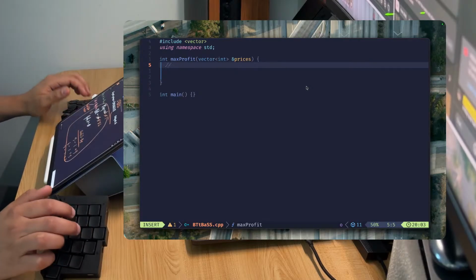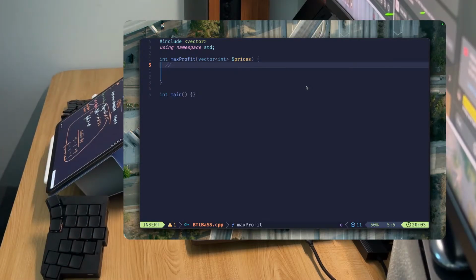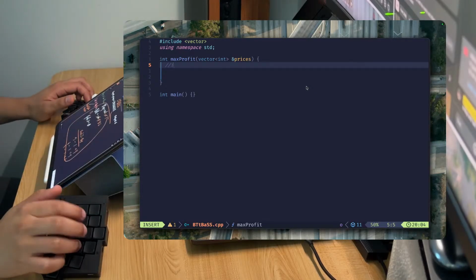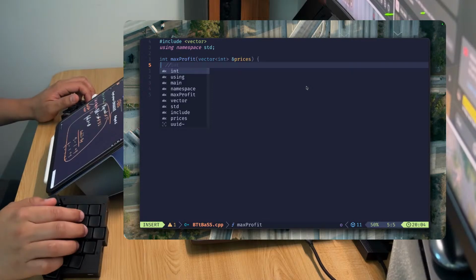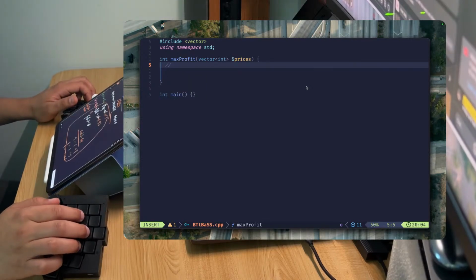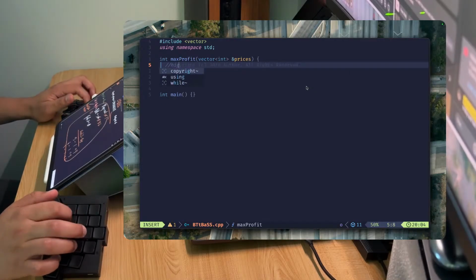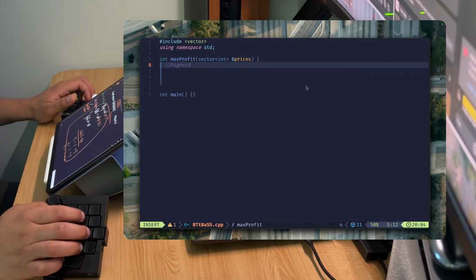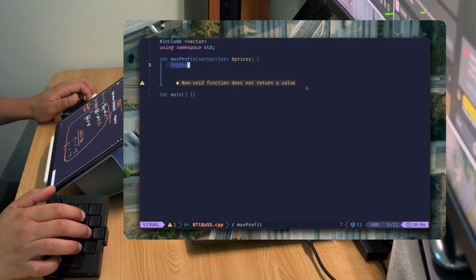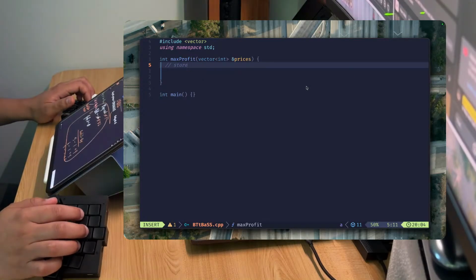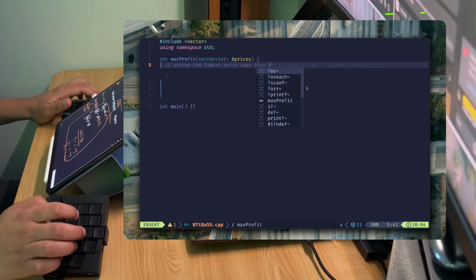Oh my god, I cannot think. We'll have, let me see. Highest price. No, we want to store the lowest price in this far.